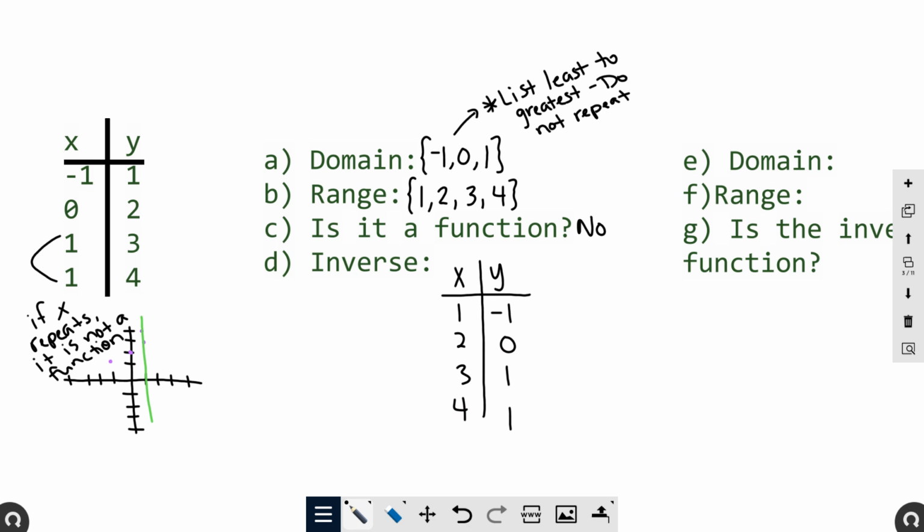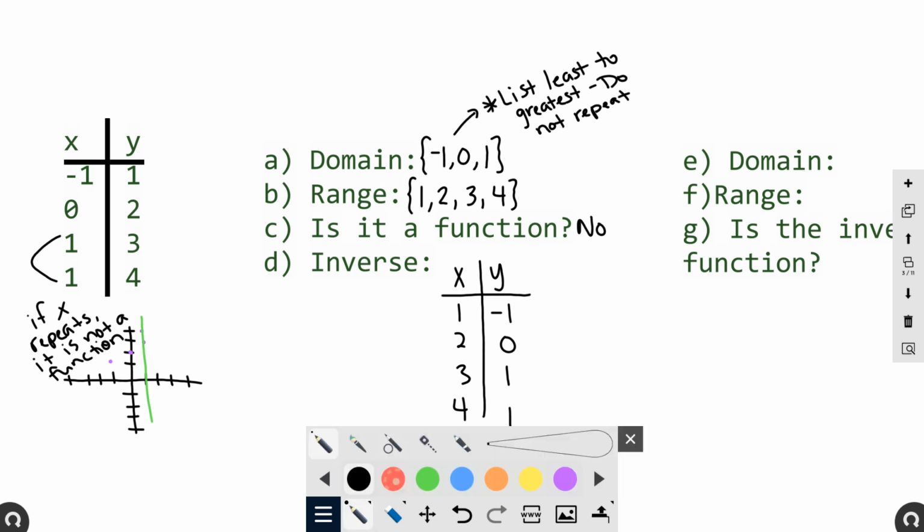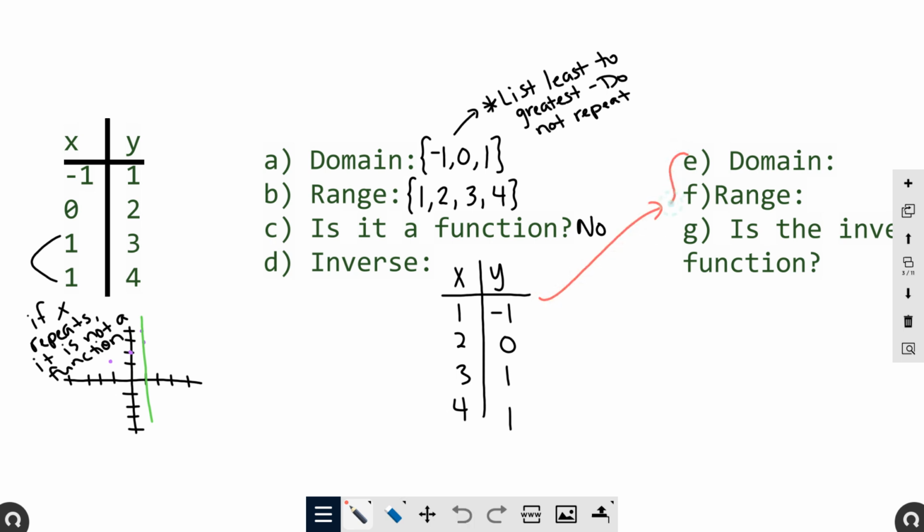Good. And that's how we figure out a new table for this function. So now there is the inverse. Now we answer these 3 questions about the inverse.